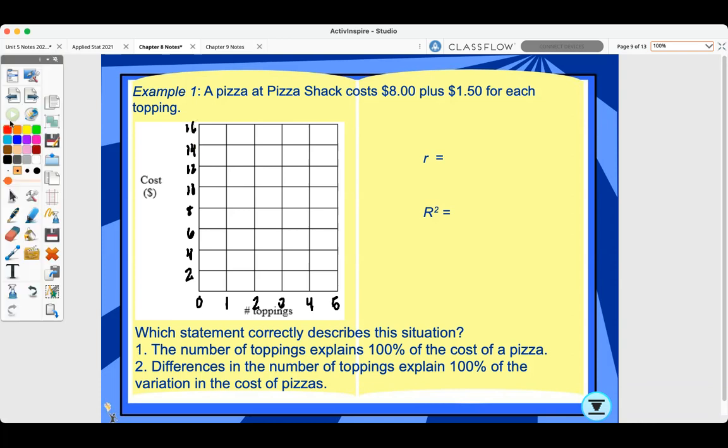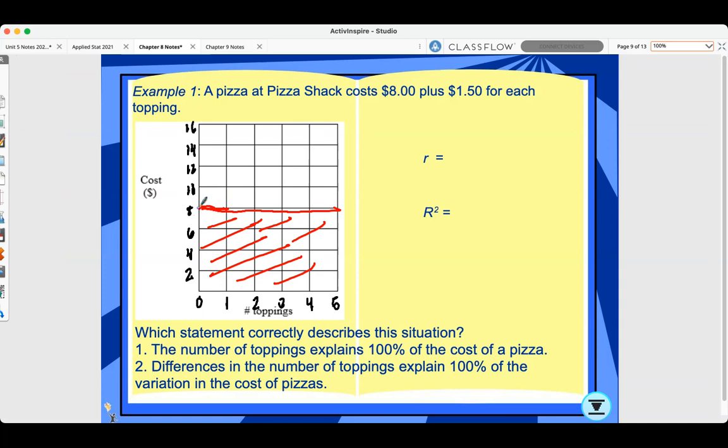So no matter what, we know that our pizza is going to cost $8 because it's $8 plus $1.50 for each topping. So we know that our pizza is going to cost at least this much. Okay, $8. Now, for each topping, it goes up by $1.50.